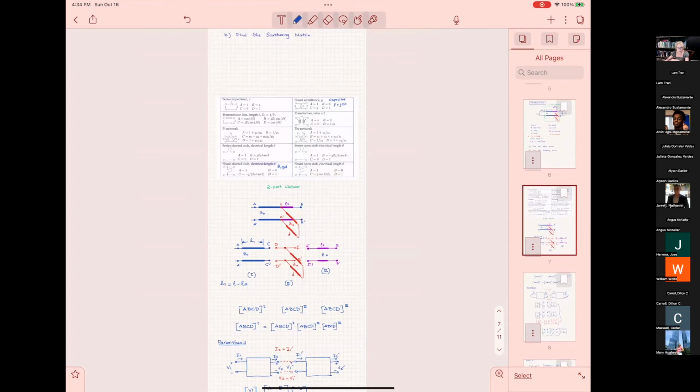But practically, if I were to give you something on this specifically, I will give you either some definitions: what is ABCD matrix, what is scattering matrix, what is admittance matrix, what is impedance matrix, so the definitions of the matrices you need to remember, and maybe how you find an ABCD matrix from a circuit that I will give you.